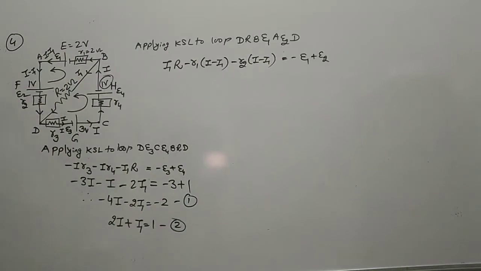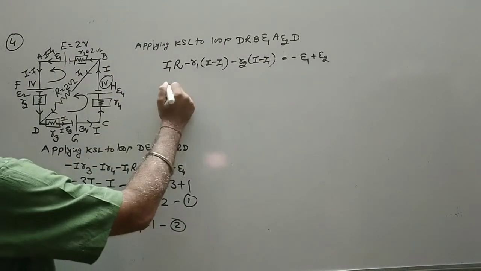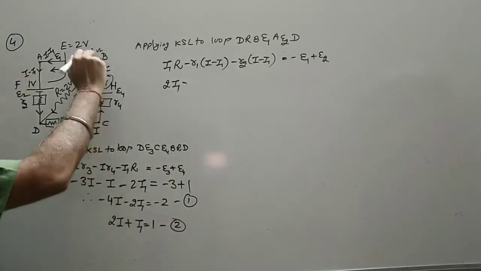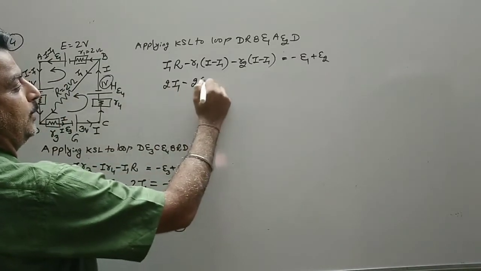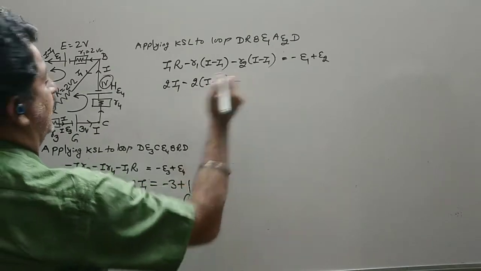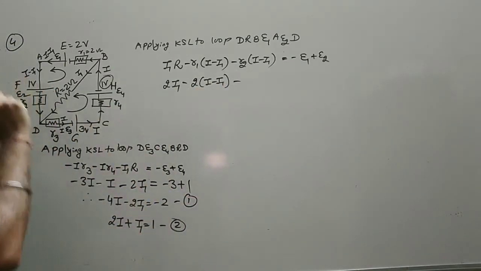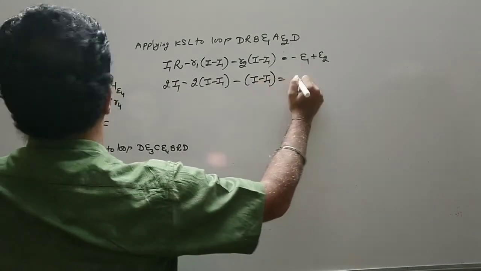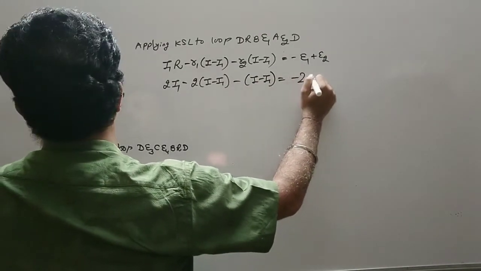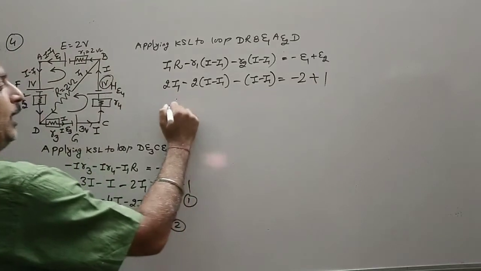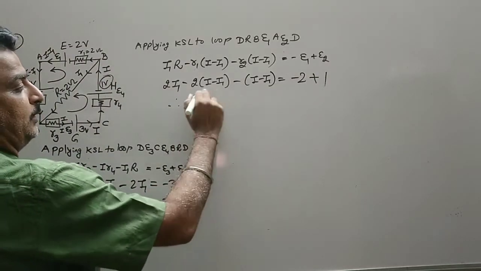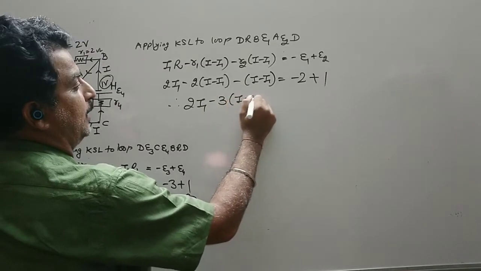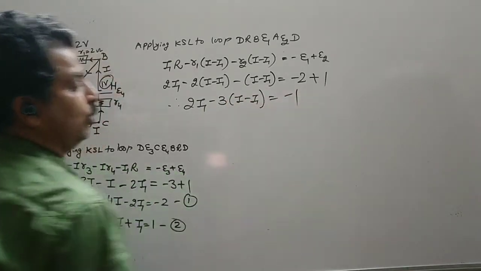Now we substitute these values. So we have 2I1 minus R1 value is 2, so minus 2 into I minus I1, minus R2, R2 is 1 volt, so minus 1, is equal to, again we have minus 2 plus 1. So therefore 2I1, like terms, so minus 3I minus I1 is equal to minus 1.